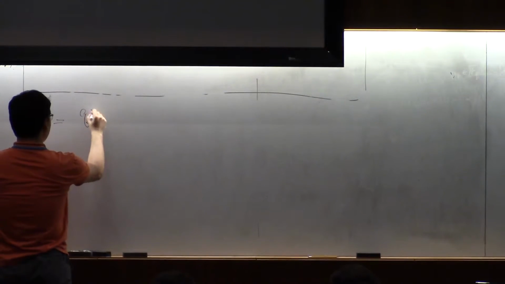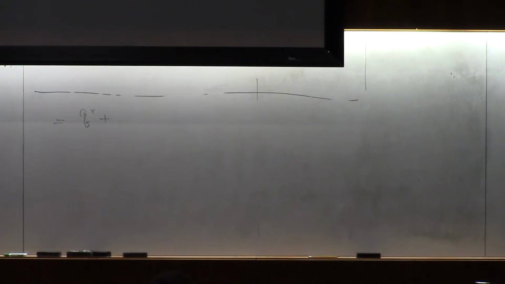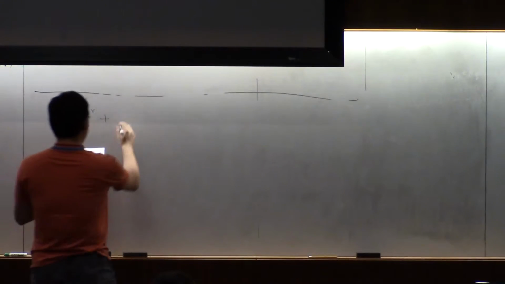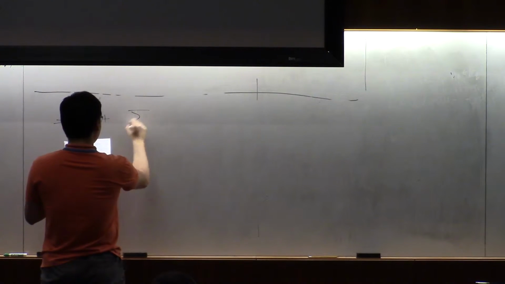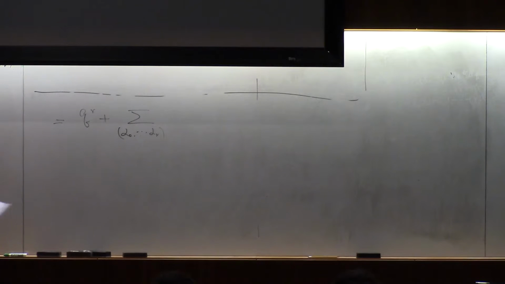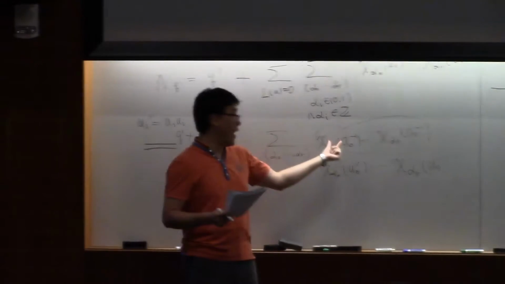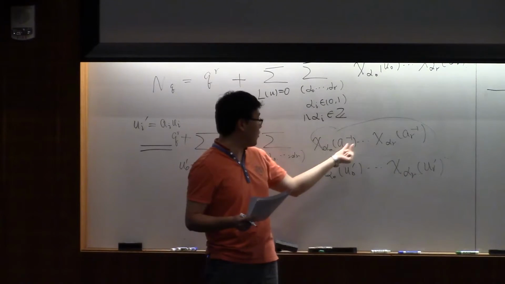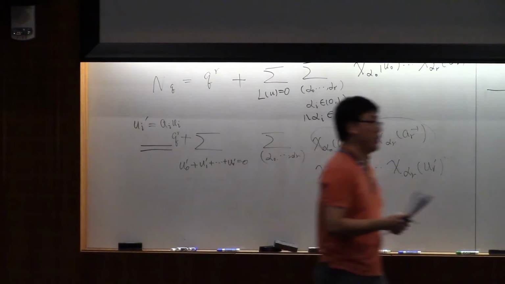If you rewrite this huge summation, first you take the summation for all these alpha i's, and then this product only depends on these alpha i's, because a_0 to a_r are fixed numbers.